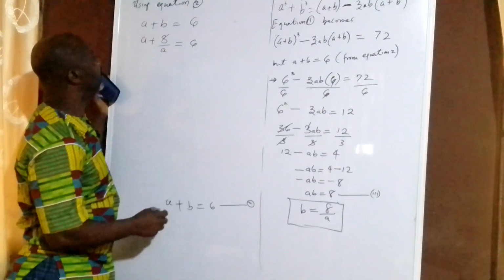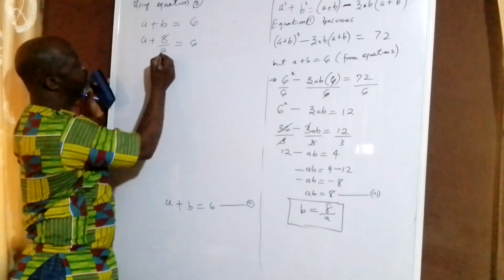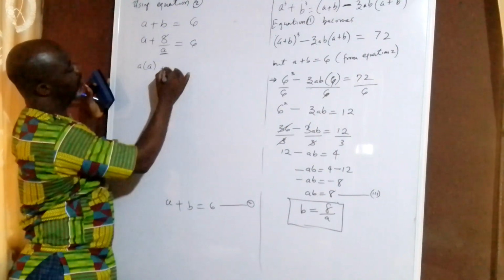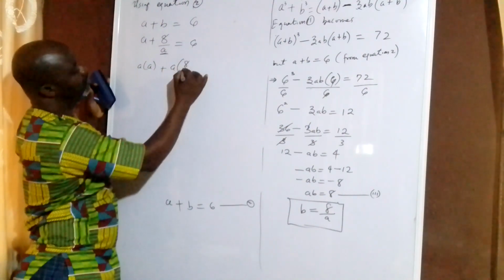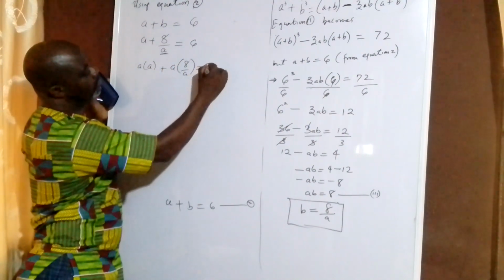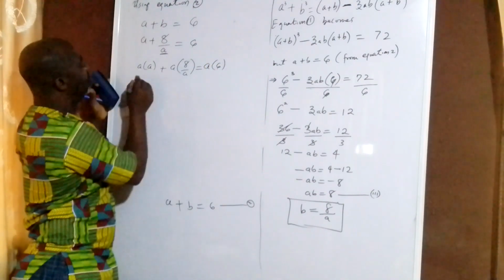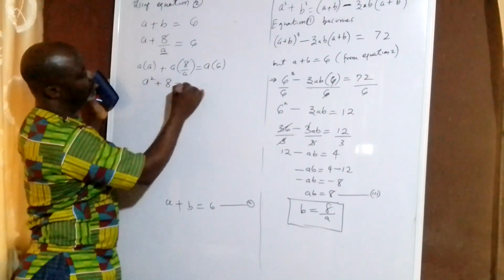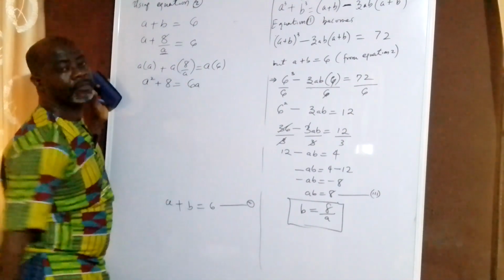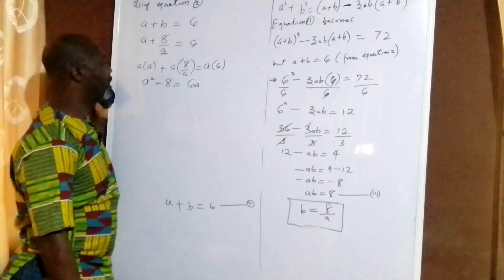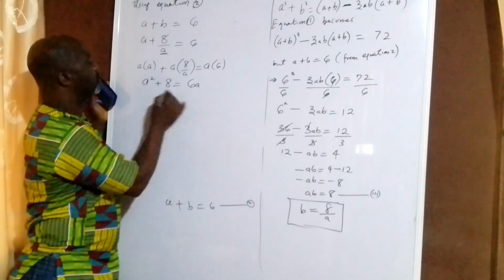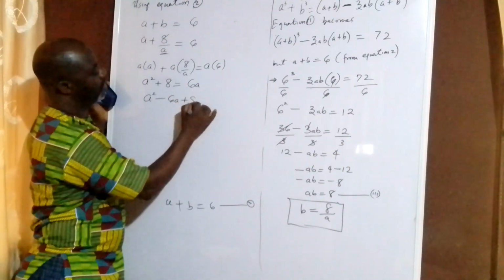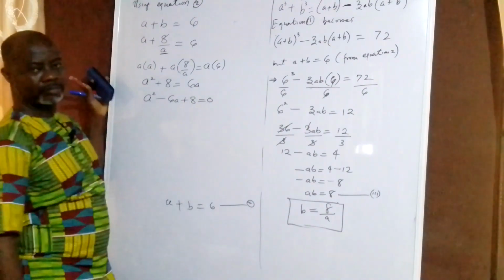So we multiply each term by the denominator a. We have a times a plus a times 8 over a equal to a times 6. So we have a squared plus 8 equal to 6a. This is bringing us to a quadratic: a squared minus 6a plus 8 equal to 0.